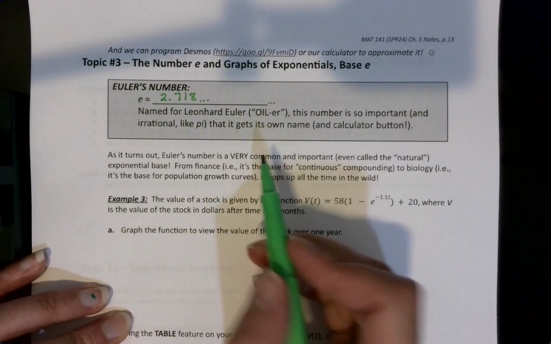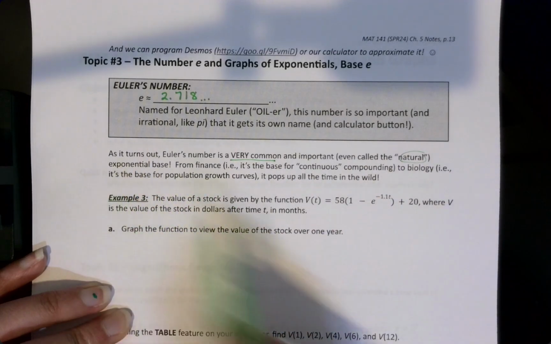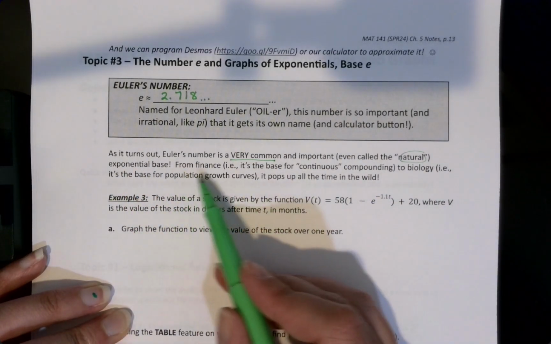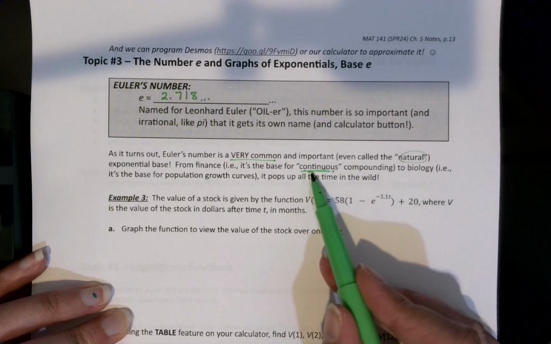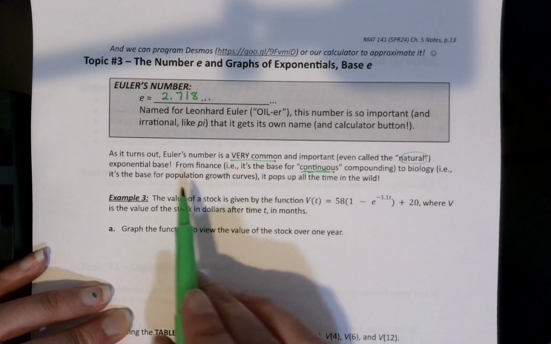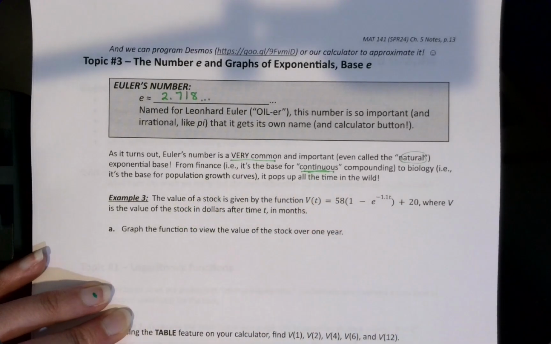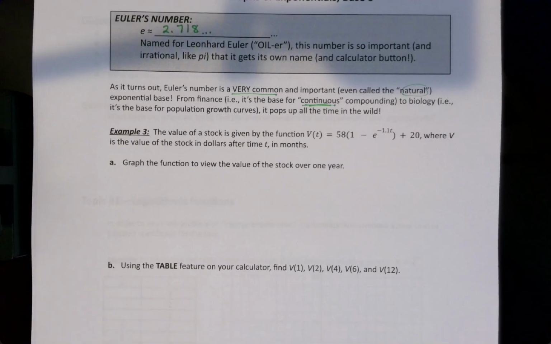Turns out Euler's number is very common and important. It's even called the natural exponential base. And so for finance, it's the base for computing continuous compounding, interest that compounds all the time. And in biology, it's the base for population growth curves, and it pops up all the time in the wild. So take a look at the next example.